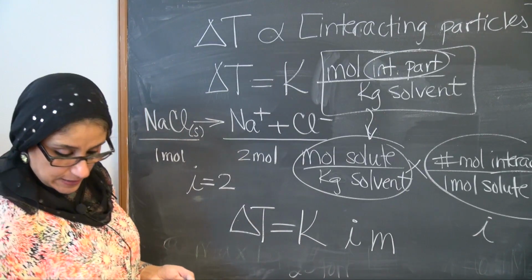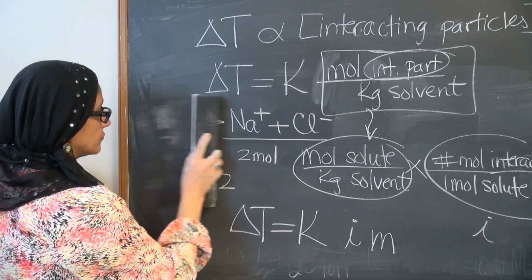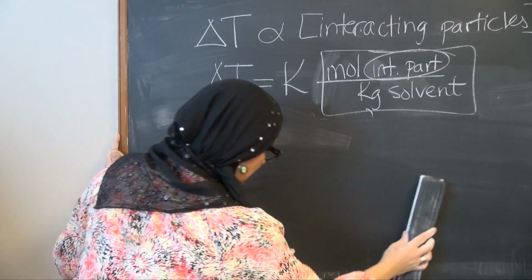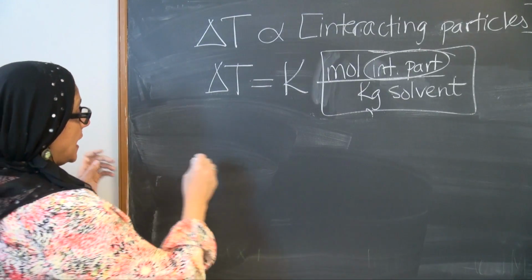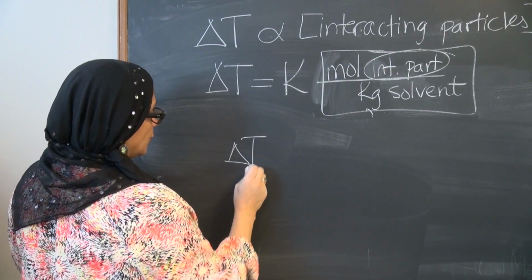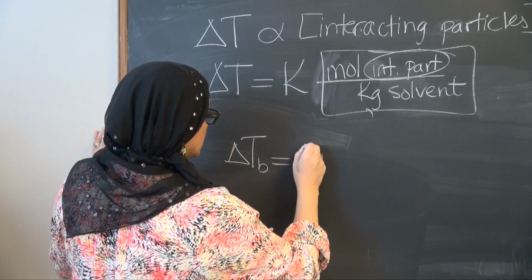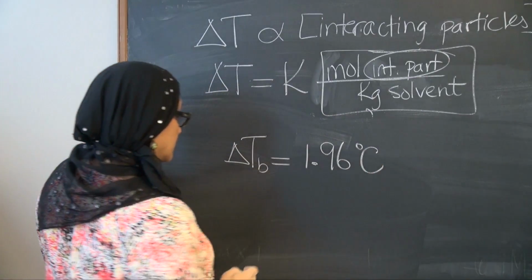Okay, lastly, once you have done the calculation, let's say that we have an aqueous solution and we find that the change in temperature for boiling is equal to 1.96 degrees.